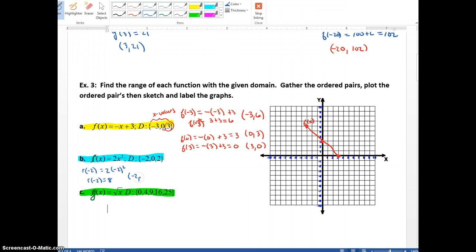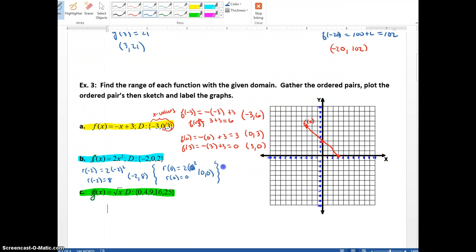Negative 2 is my input, 8 is my output. The next one I evaluate, r of 0 equals 2 times 0 to the second power. Oh, that's real easy because 0 squared is 0. Anything times 0 is 0. Ordered pair, 0, 0.